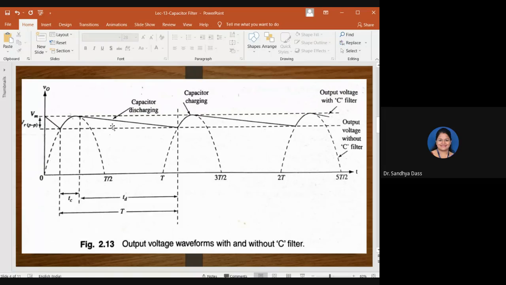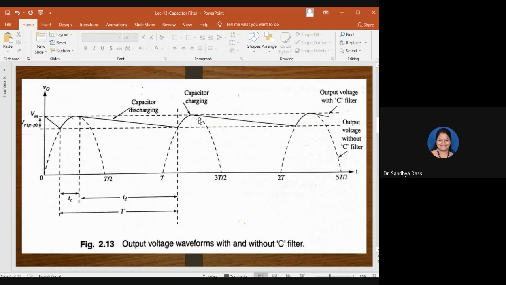Whenever the input voltage is below the voltage across the capacitor, and also during the negative cycle, the diode will be turned off. So the output you are observing at the RL will be the voltage across the capacitor that is shown. I hope you all are with me, and I'll repeat.